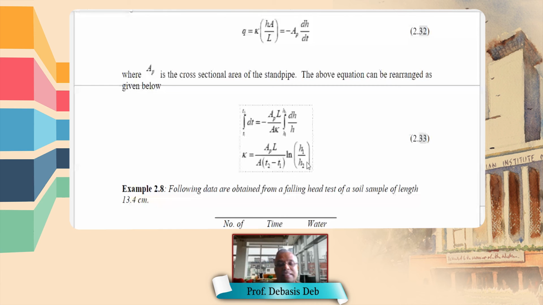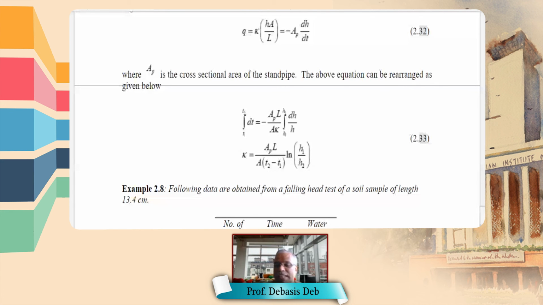If you write ln h1 by h2 equals to, you multiply by this. So t2 minus t1 is my variable here. So ln h1 by h2 is my y, and k into this, and rest everything is constant.